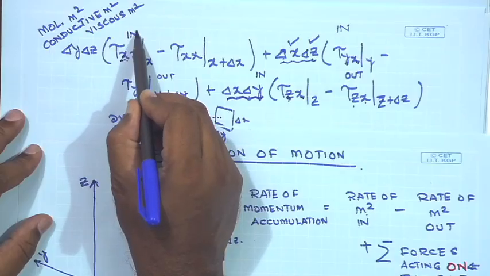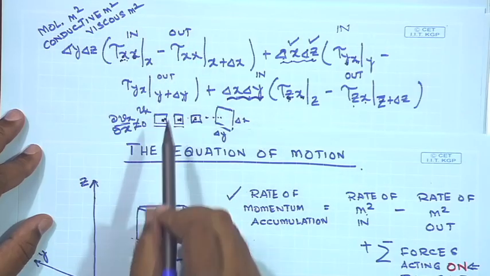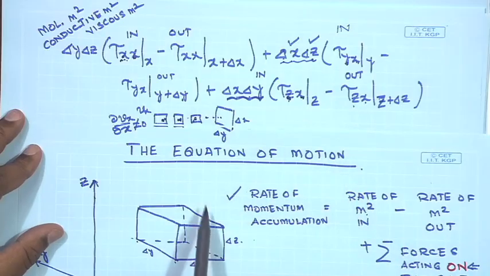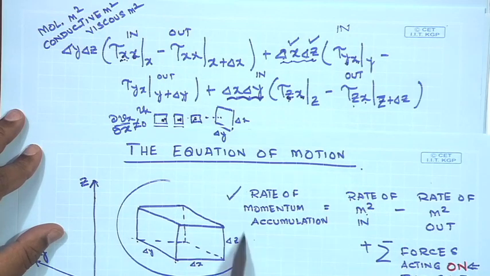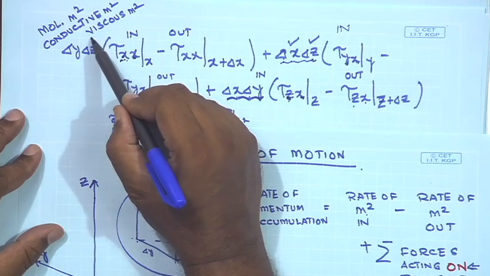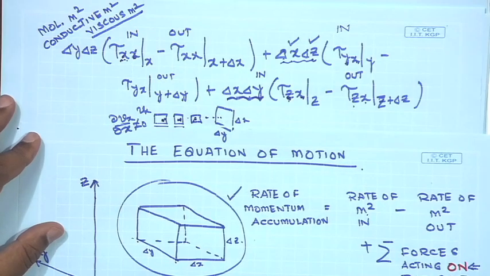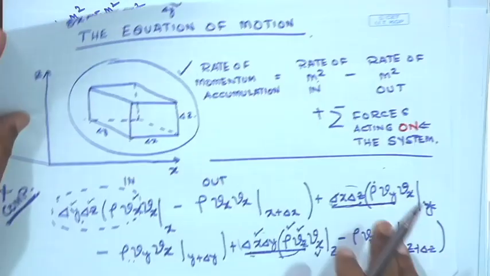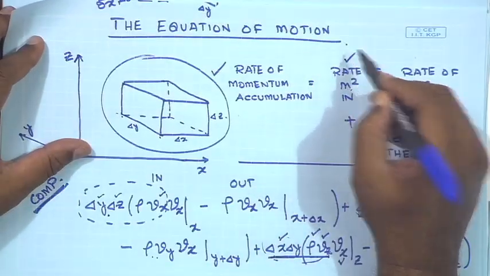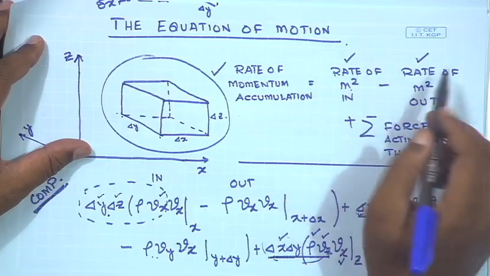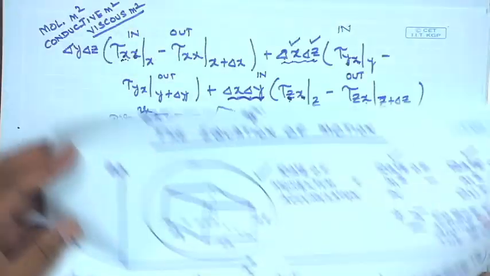This is going to be the in term and this is going to be the out term. So, these 6 terms in total would give you the amount of momentum coming into the control volume as a result of viscous transport of momentum. So, we have correctly identified in our equation of motion the rate of momentum in and the rate of momentum out, both for convective motion and the conductive motion.